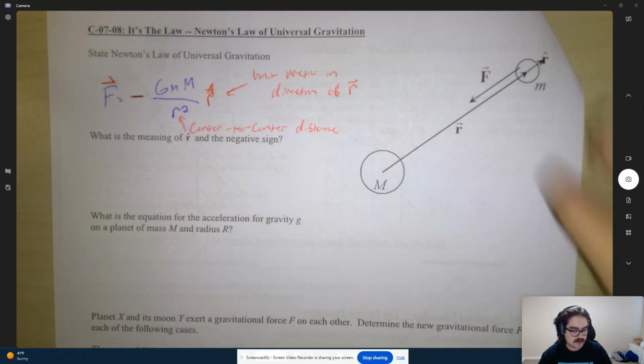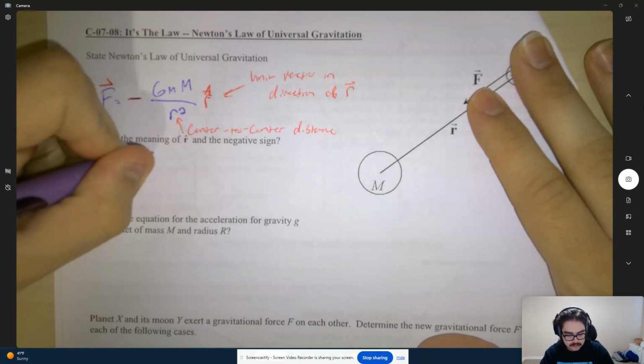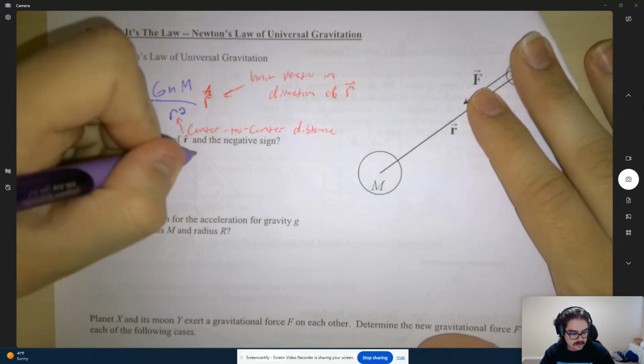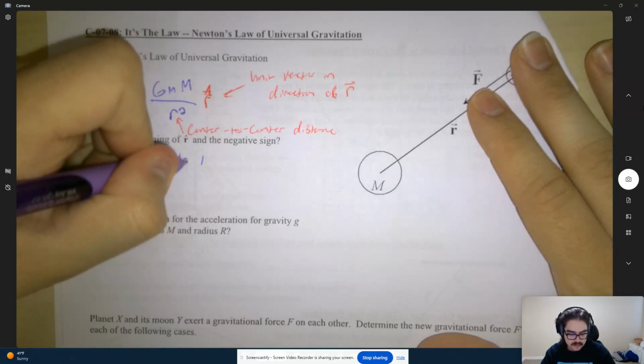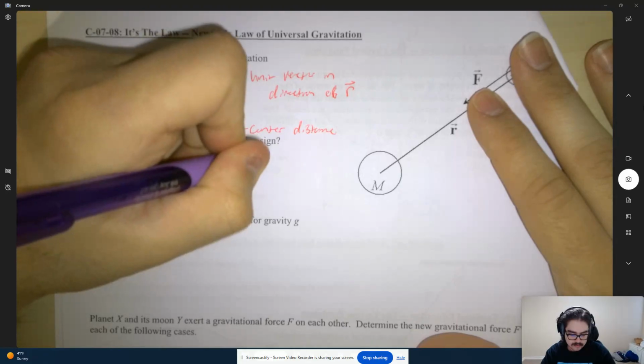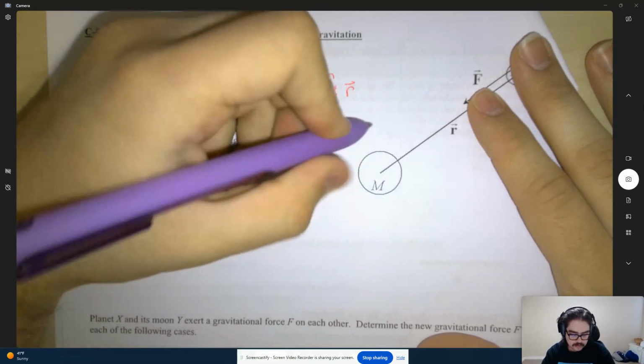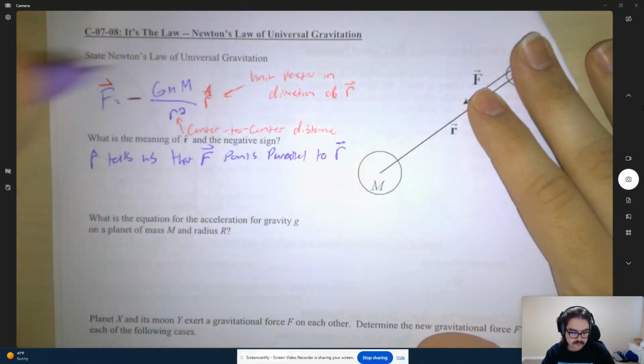I just answered that right here. What is the meaning of r hat? R hat simply tells us that the force points parallel to the r vector.